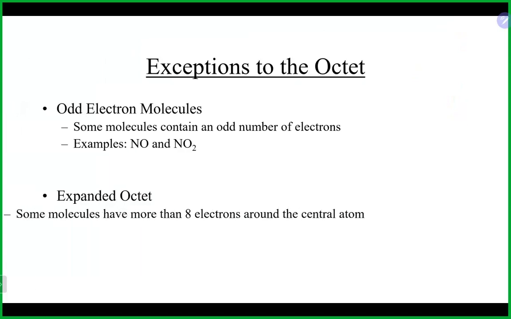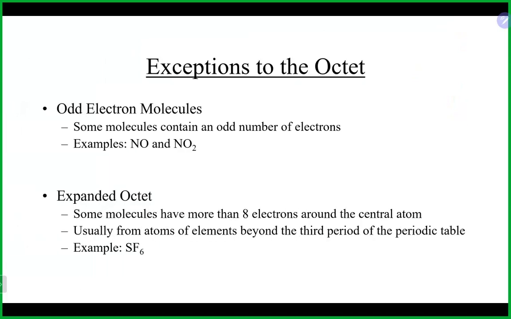Two other types of exceptions to the octet rule is an odd number of electrons, like NO and NO2. Because they have an odd number of electrons, one of those electrons is all by itself, not paired up. And that is sometimes referred to, you maybe heard of free radicals.